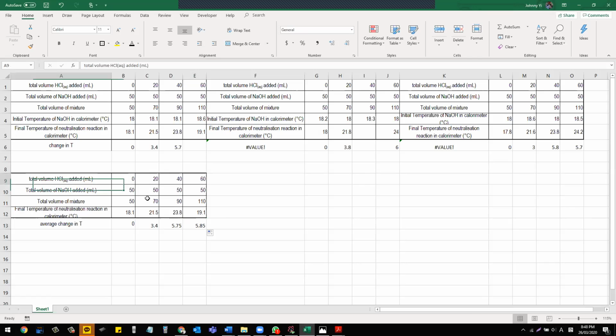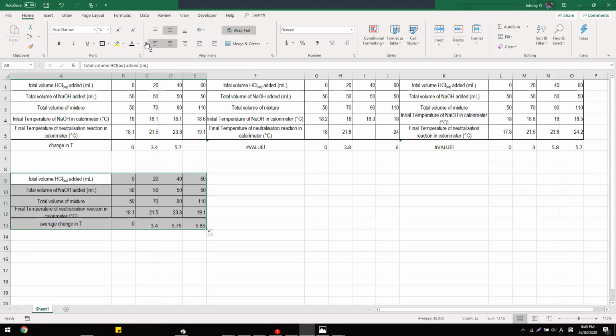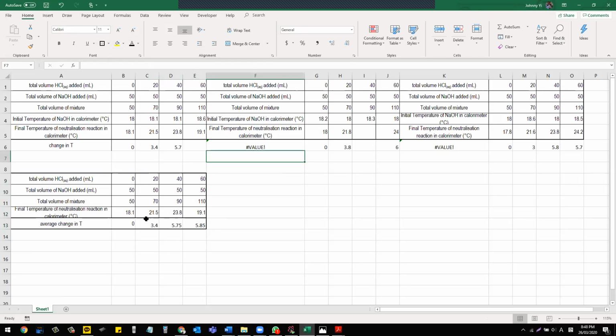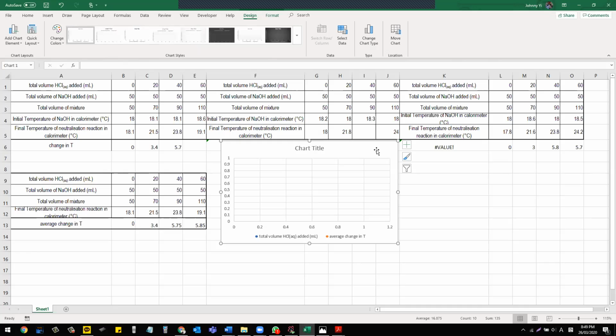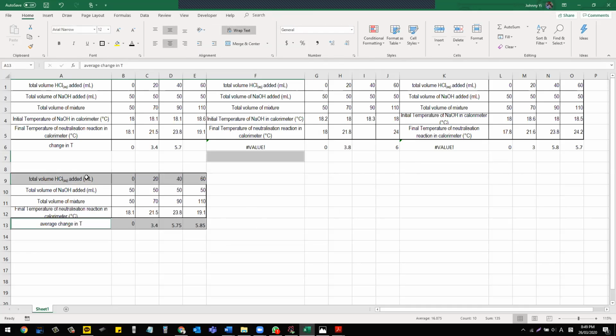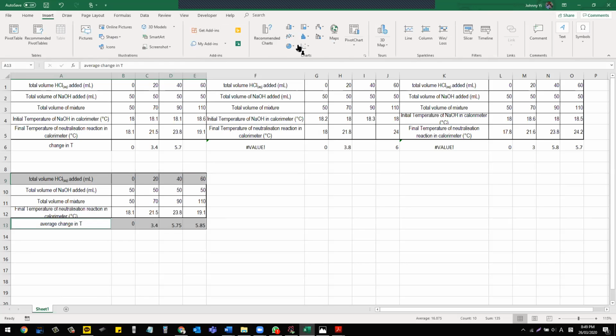So using that, I can form a table with that one there and that one there, and form a scatter plot. So maybe insert.